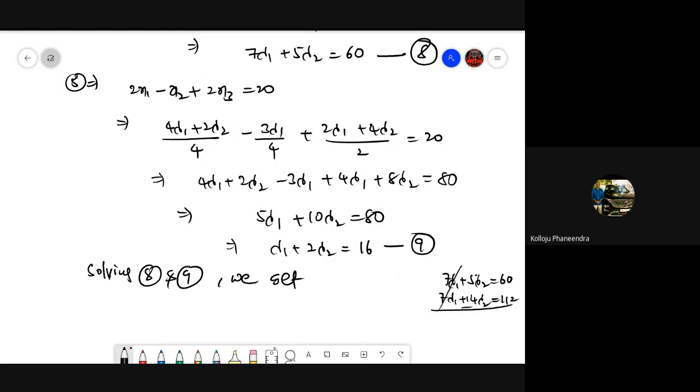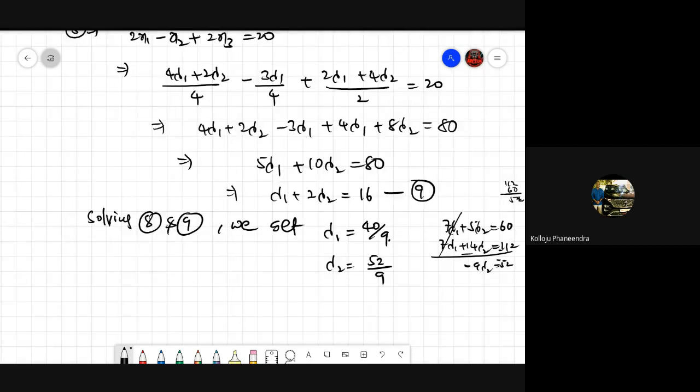These two get cancelled. 5 − 14, that is −9λ2 = 60 − 112 = −52. So λ2 = 52/9. And λ1 you will get 40/9.